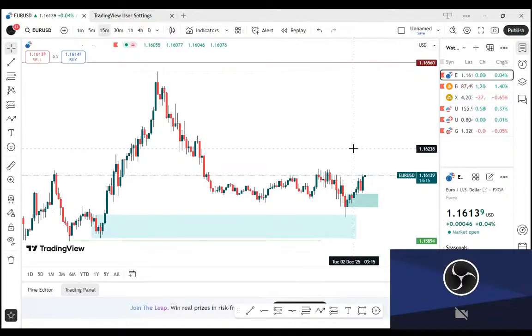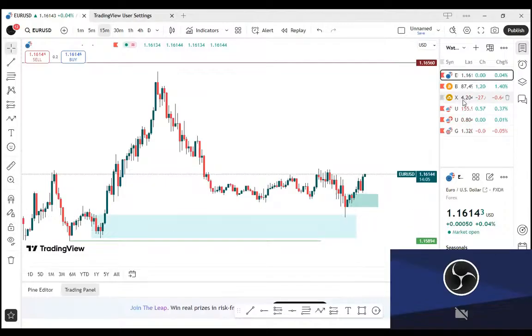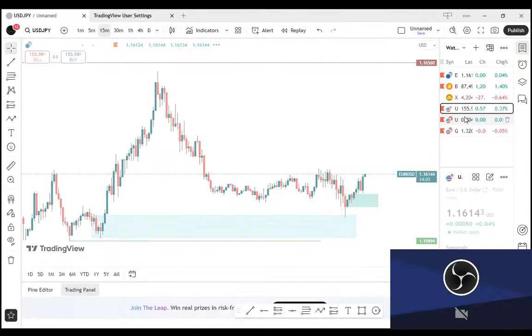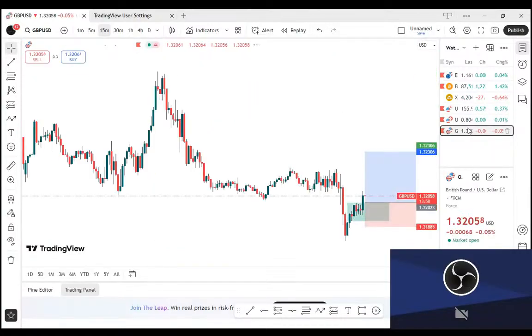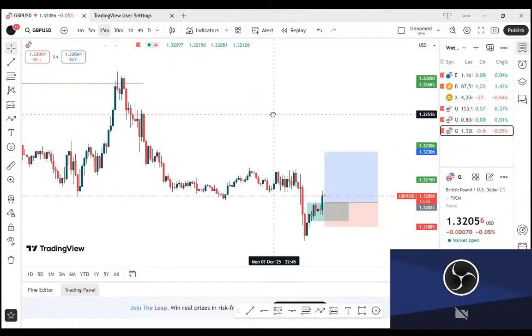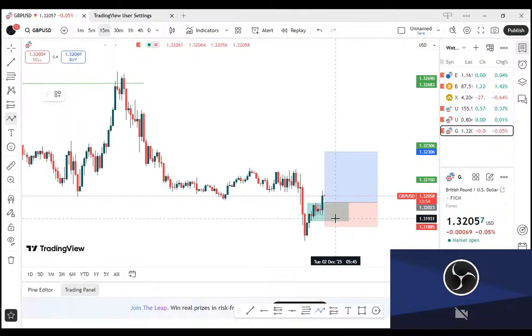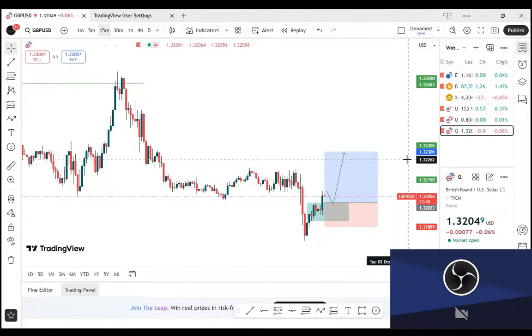Euro USD is trying to make a bullish move. So I think these two will be the ones we take. I'll keep you guys updated. If you want to take GBP USD as well, when GBP USD comes down to this area, then you take a buying opportunity back here. So this is what GBP USD will do.